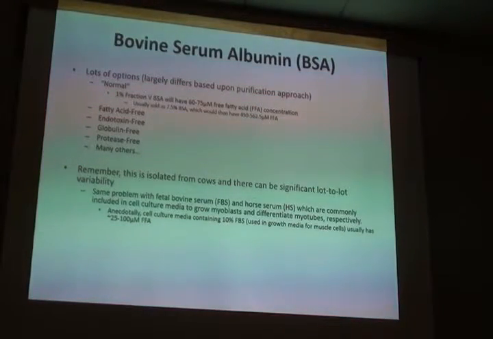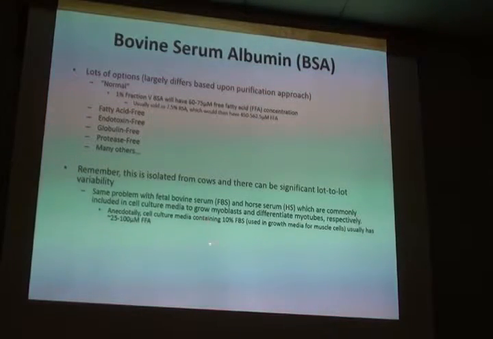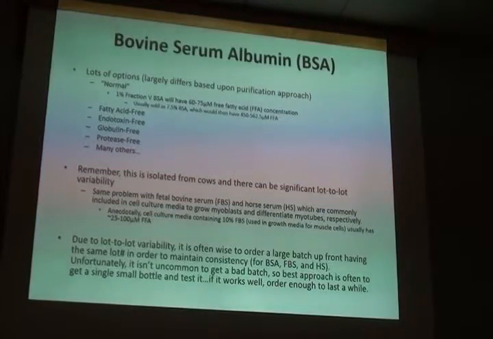There can be significant lot-to-lot variability, and you have the same problem with any serum that you use in cell culture, whether it be fetal bovine serum or horse serum. Anecdotally, 10% FBS that is used in growth media usually has 250 to 100 micromolar fatty acid, so there's going to be a lot of lipid there.